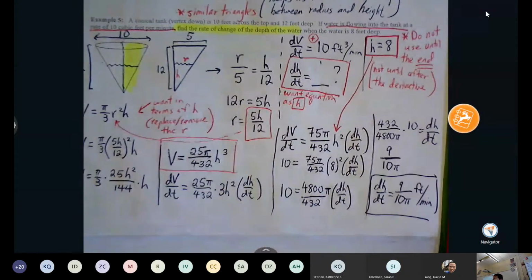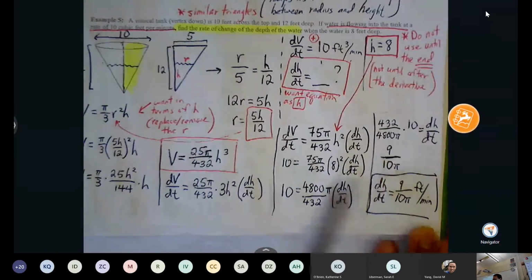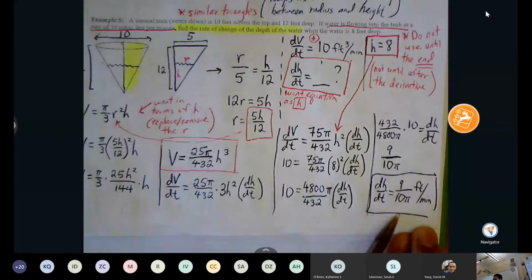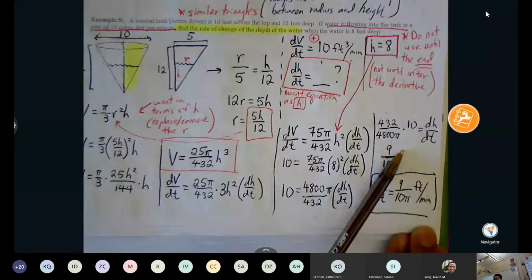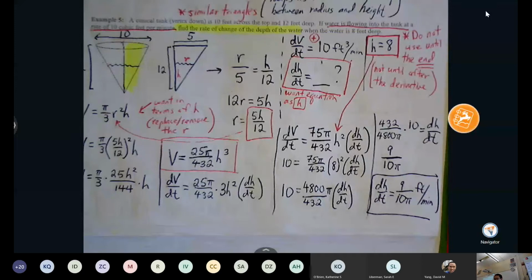We want to leave our answer as exact as possible. And something else to be careful about is the placement of that pi. If the pi ends up being in the denominator, we can't just move it to the top. You have to keep it in the denominator. Pi in the numerator is different than pi in the denominator. You're changing the value if you move that pi between top and bottom.